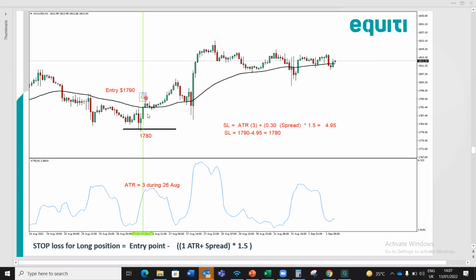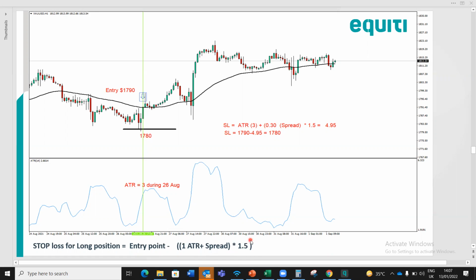So we identified a sell trade here, and the entry price was at 1790. For us to identify where to input our stop loss, we're going to use the formula that was given earlier. For long positions, we have the entry price minus the ATR plus spread, multiplied by 1.5.